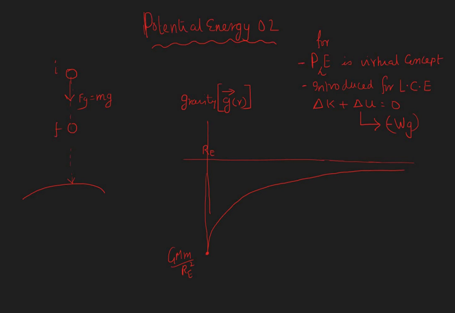And this is my initial point, and this is my final point, right? In the previous case we assumed that close to Earth's surface the gravitational force is going to be the same, uniform, but that's not the case.